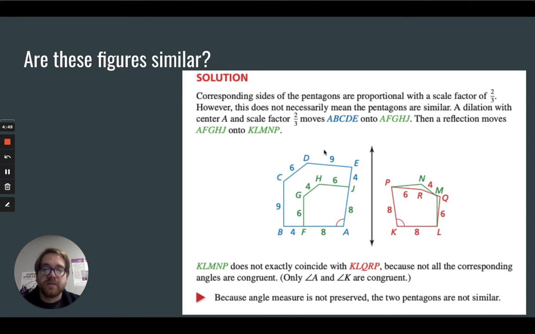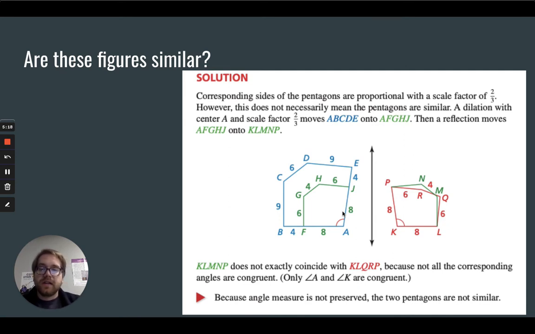The angles of the blue figure are not congruent to the angles of the green figure. The only angles that match up are angle A and angle K. All the angles have to be congruent, and because they're not, the figures are not similar. So again, it has to be both: the side lengths have to be proportional, and the angles have to be congruent.